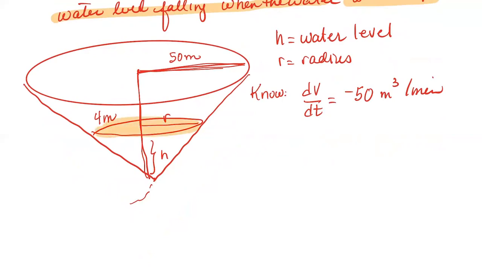So the water level, or the depth of the water, so to speak, I'm just going to call H, and the corresponding radius of the top of that will be R. So what we want is dH/dt when H is 3 meters.